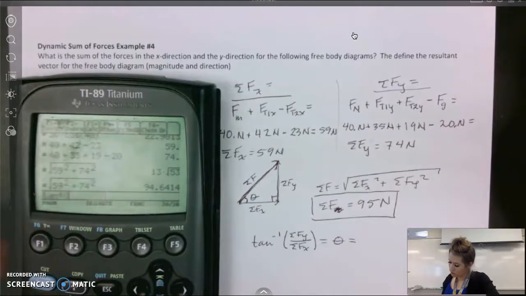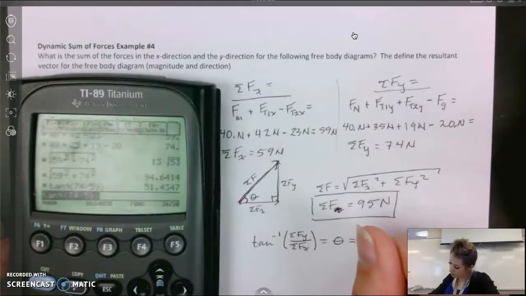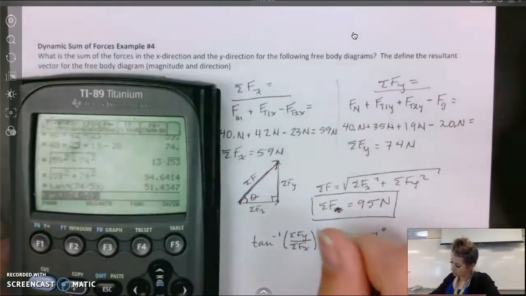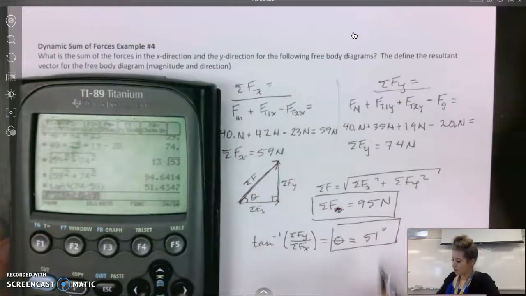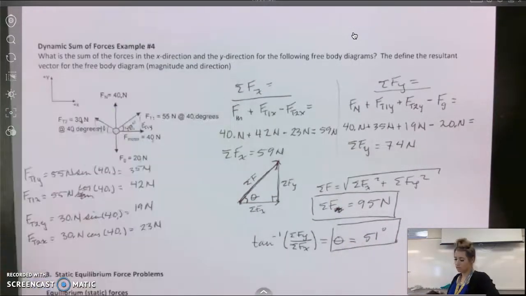So tan inverse of Y, which was 74, divided by X, which is 59. And so that will be an angle of 51 degrees. There's the magnitude of the resultant, and then there's the direction of the resultant.